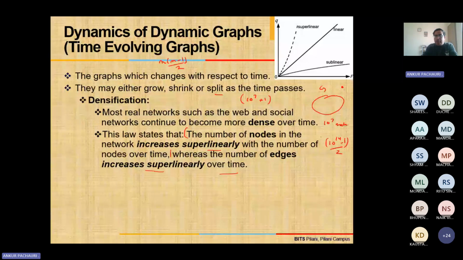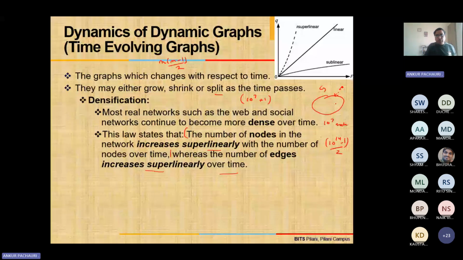It should be connected to every other node by a direct edge. So how many nodes are there? 10 to the power 7. So this new node should have 10 to the power 7 new edges.